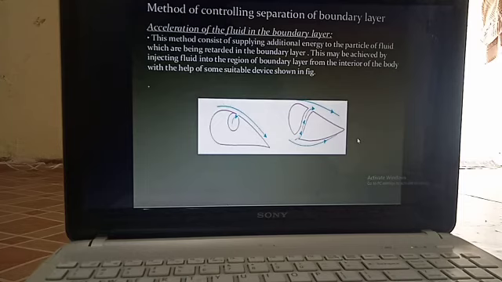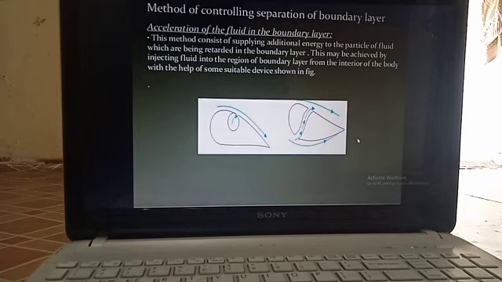We will derive this drag force, and then see some examples related to it. The derivation is not that important, but the numerical part is important, since your syllabus has constructed only numericals for the drag force on a flat plate due to the boundary layer.